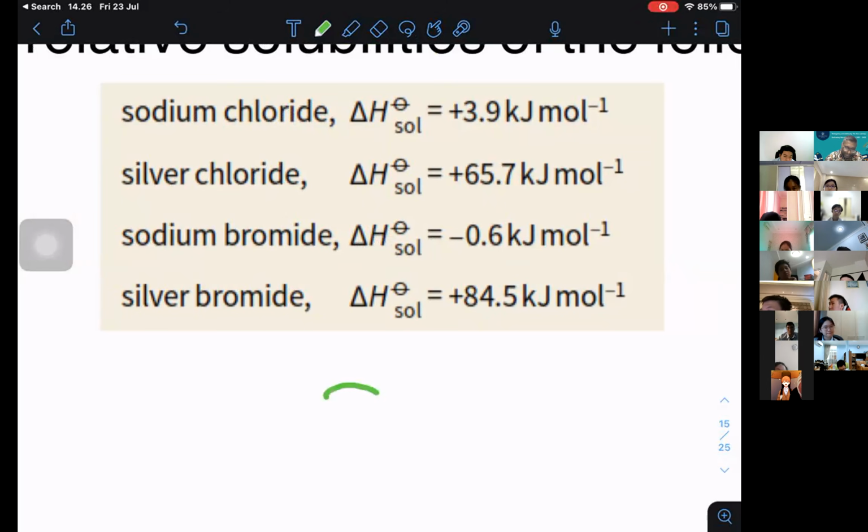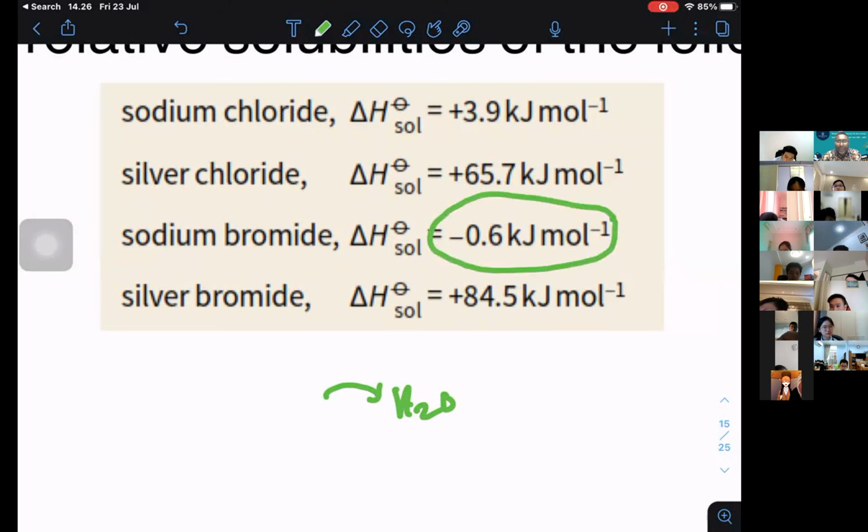It means you are forming the bond with water, right? So it's supposed to be positive or negative? Bond forming. Negative. Yeah, the only thing that is negative is sodium bromide. You must know by looking at this value. So that is the one that is soluble.